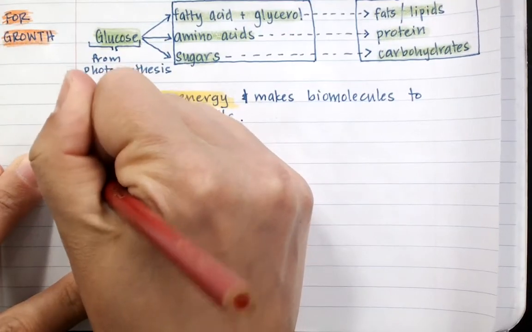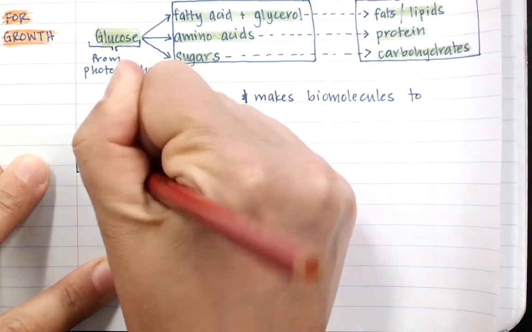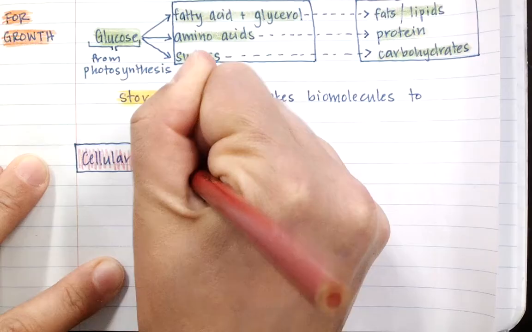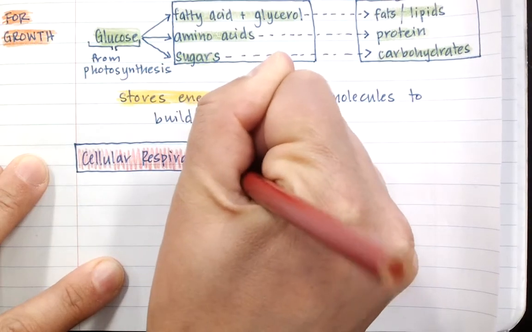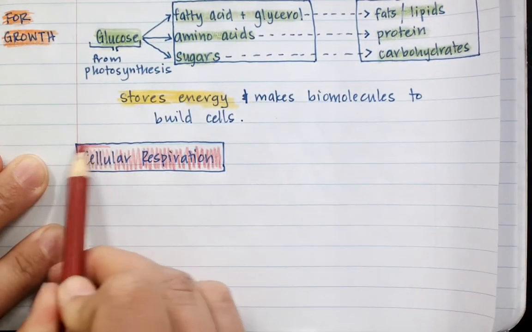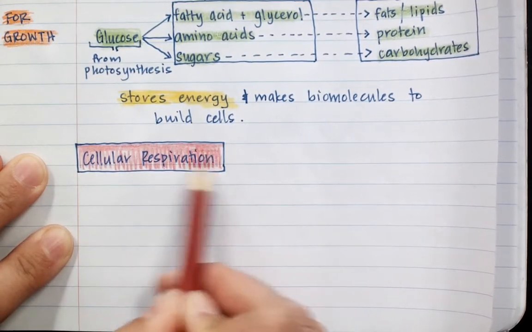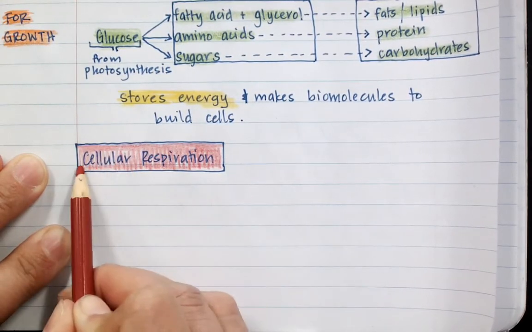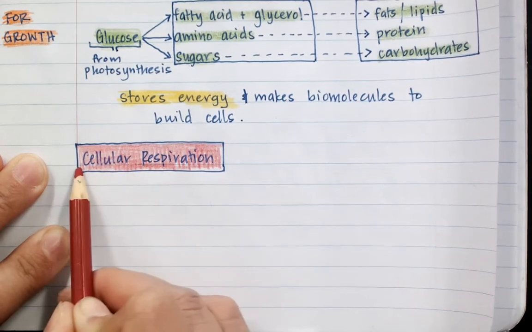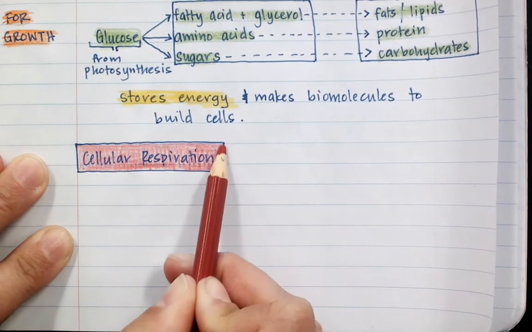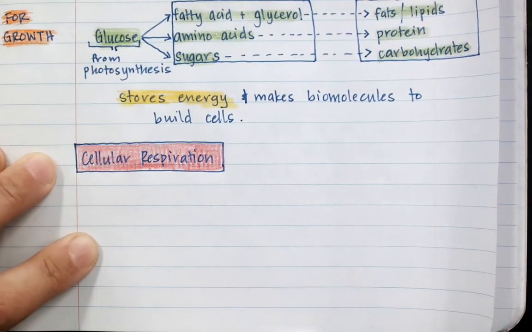Plants are also doing cellular respiration. So this is a process that all living things do. All living things need energy, and they're going to do cellular respiration in order to get that energy. So our plants and our animals, our fungi, they're doing that cellular respiration.